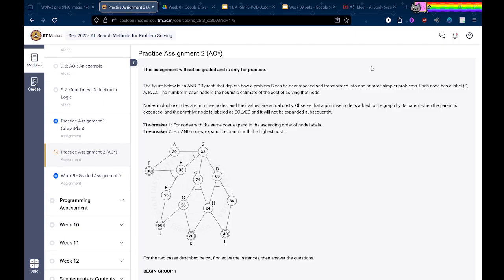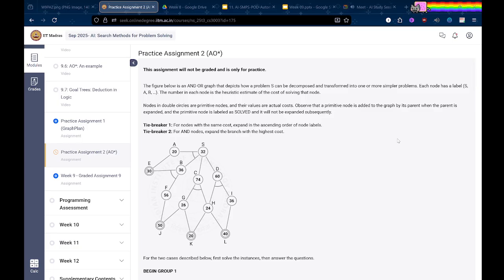Okay, so the figure below is an AND-OR graph that depicts how a problem S can be decomposed and transformed into one or more simpler problems. Each node has a label S, A, B, and so on. The number in each node is the heuristic estimate of the cost of solving that node.